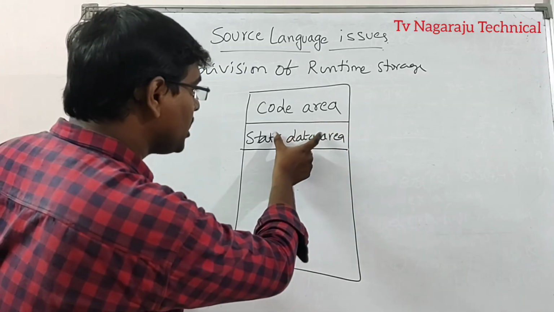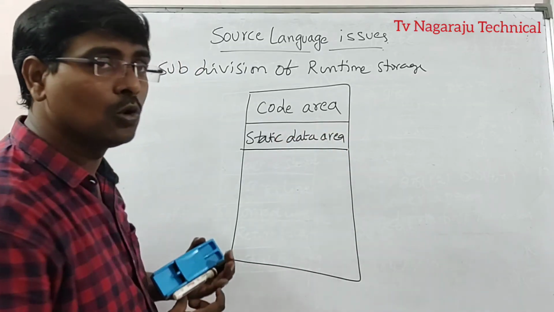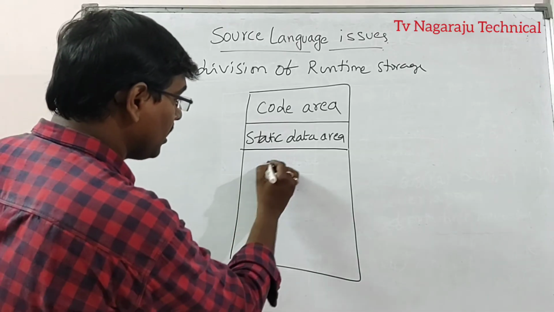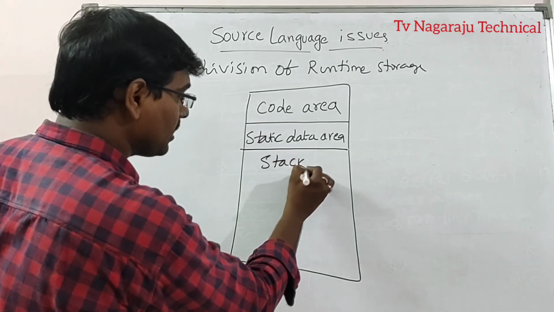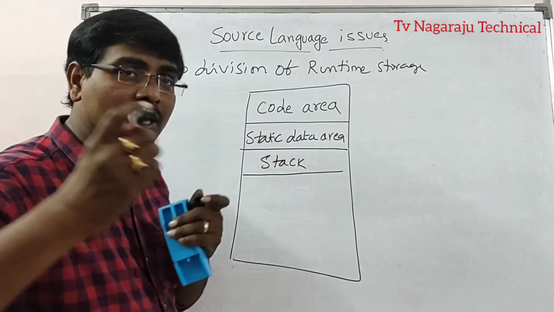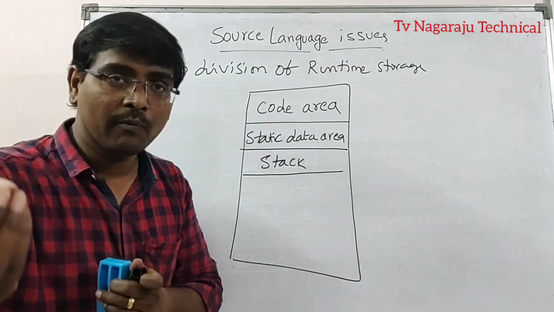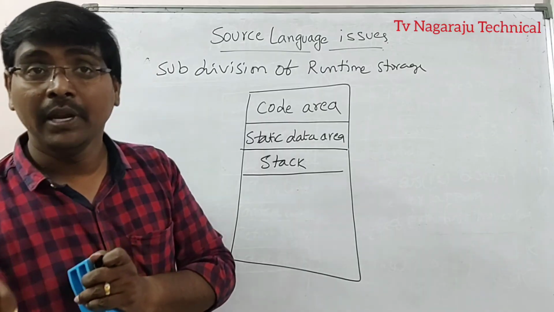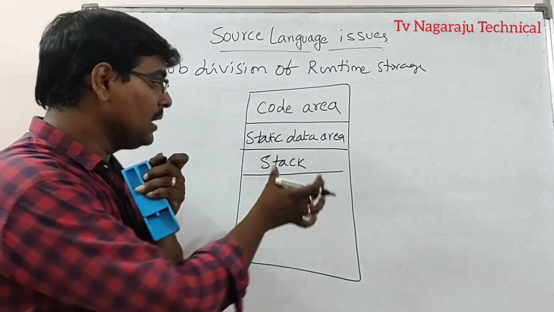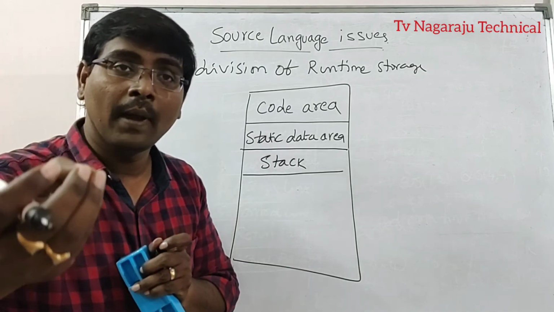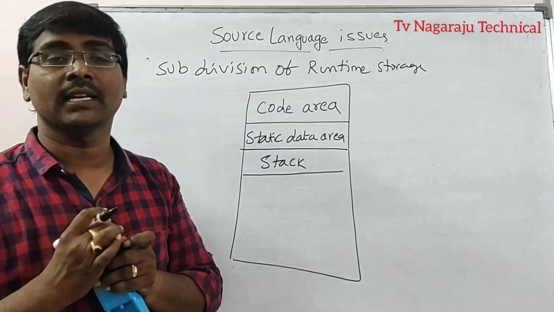That entire shared information is stored under the static data area. Now stack. You know that the stack is used to store the activation records, whenever a function is called and completed, to pop out. Simply, the stack is used to store the automatic data objects.